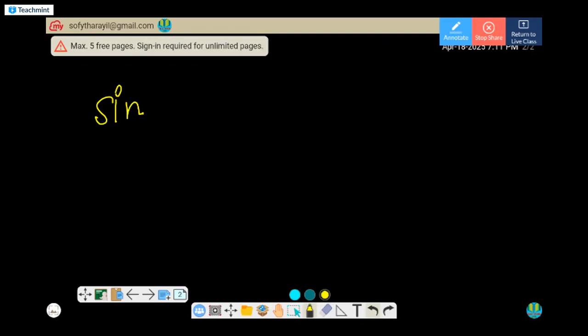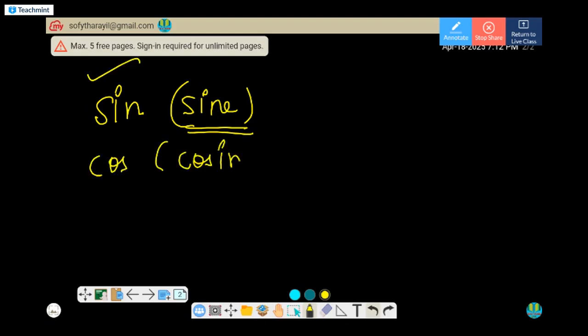We write it shortly like this, but the full way to write it is sine. But whenever we are going to use it, we will not be writing the full form. We'll just write the shorter way, which is sin. Then the next is cos, which is actually cosine, but we will only use cos. You just need to know the full form.